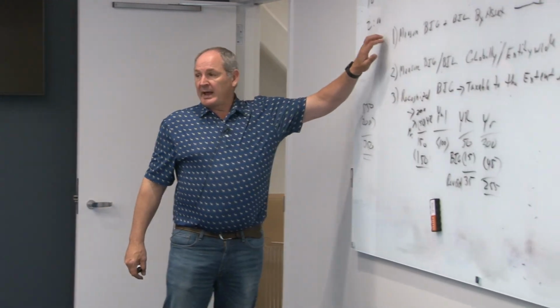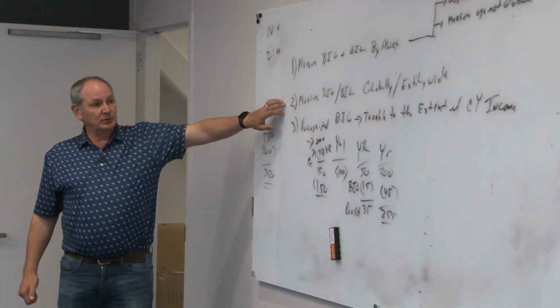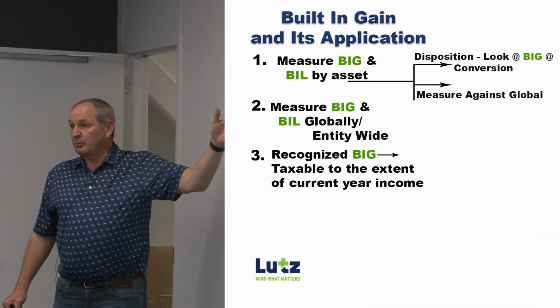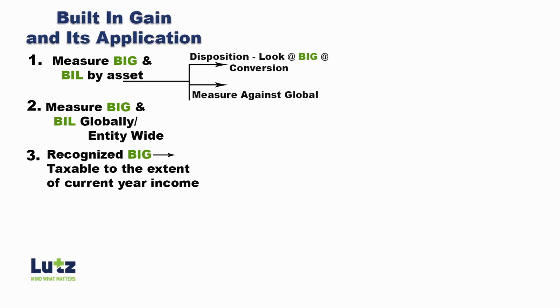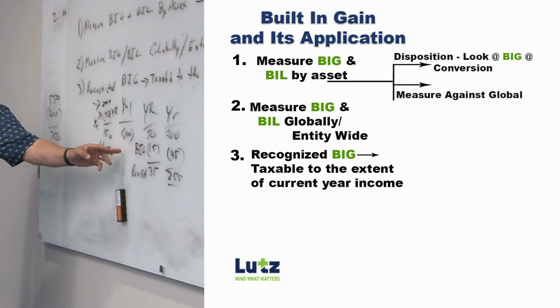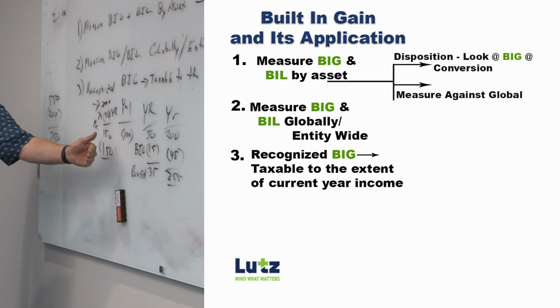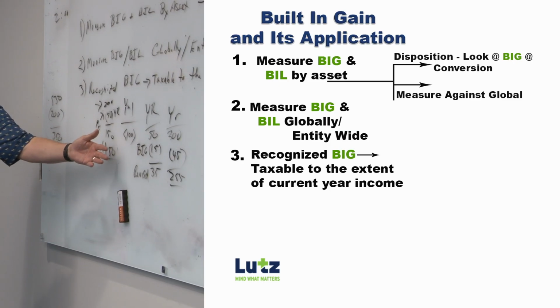So again, one is measure it asset by asset. Two, measure it globally, because if the global amount is less than the asset-by-asset amount due to built-in losses, then you get a cap. Three is when you actually recognize it, you have to measure how much income you have, and do you have a limitation in that year due to it being a loss?